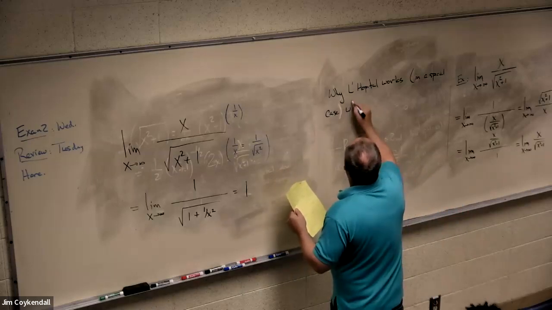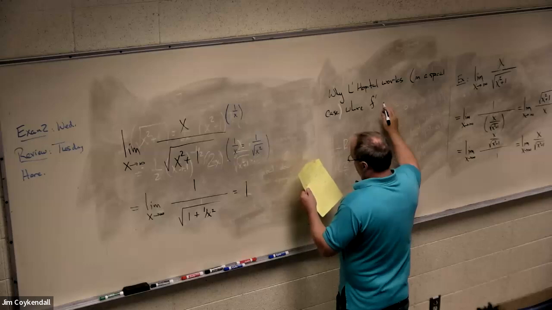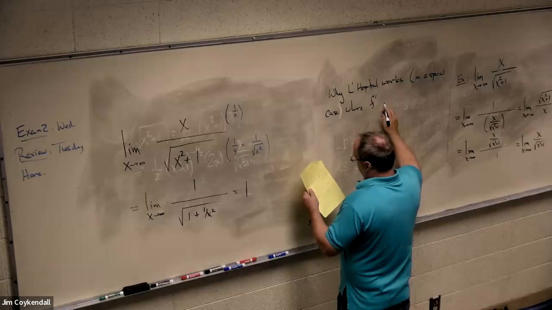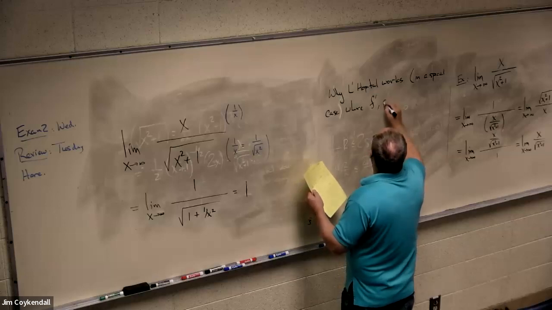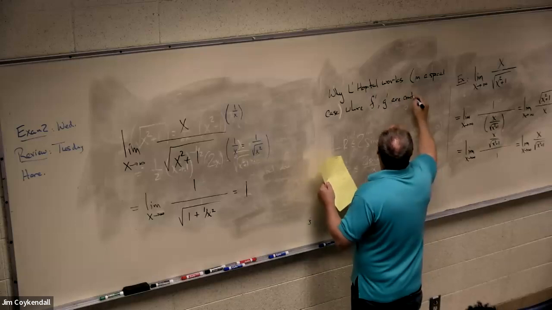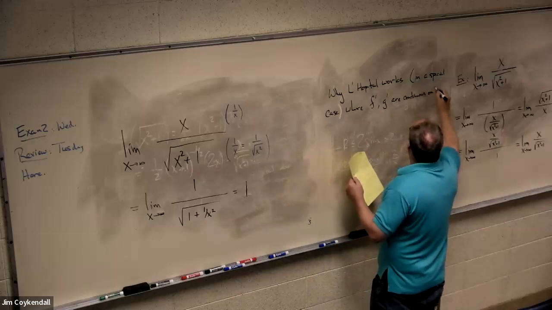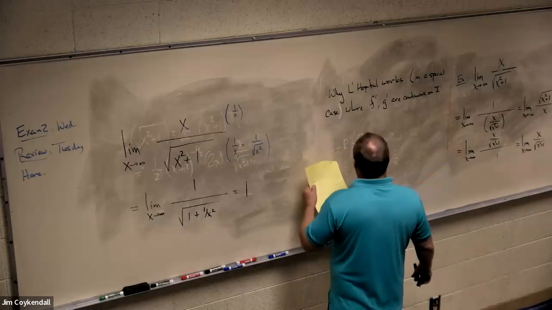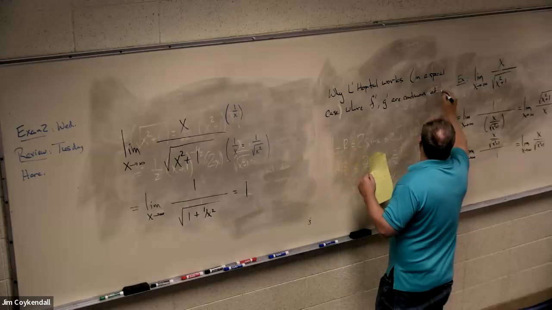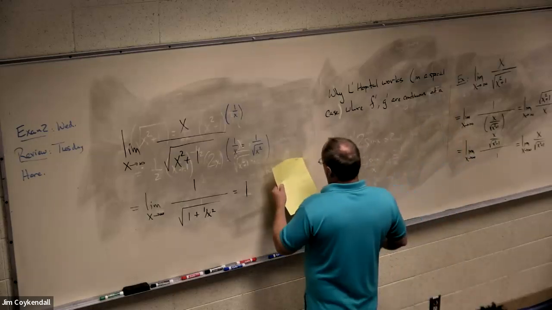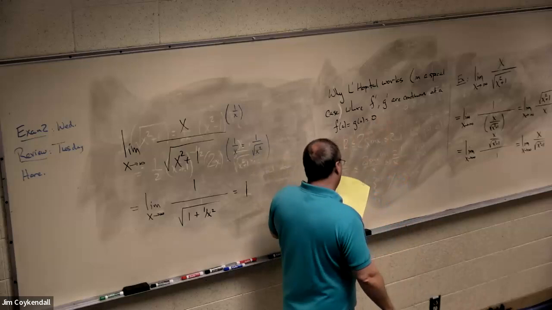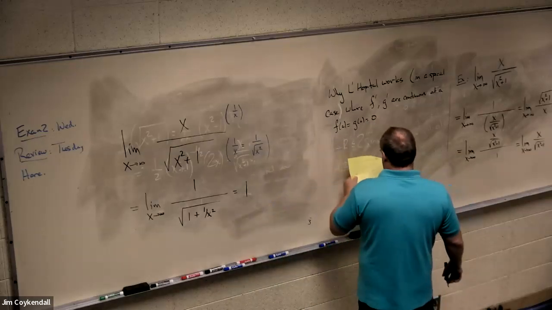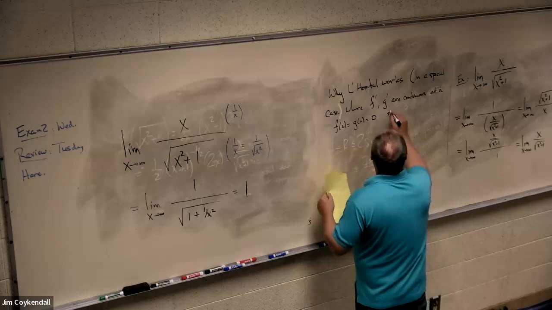In the special case where f prime of a and g prime of a exist, and f prime and g prime are continuous, and f of a and g of a are 0, this is the old 0 over 0 case.